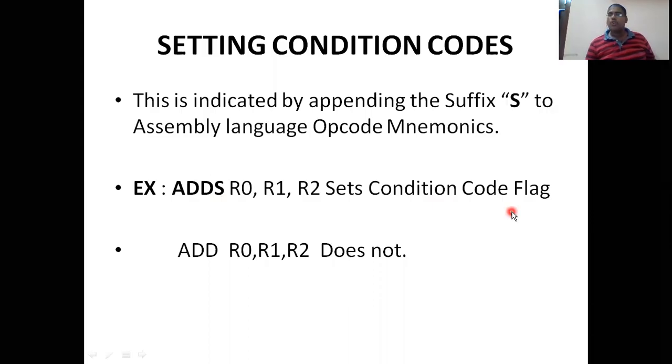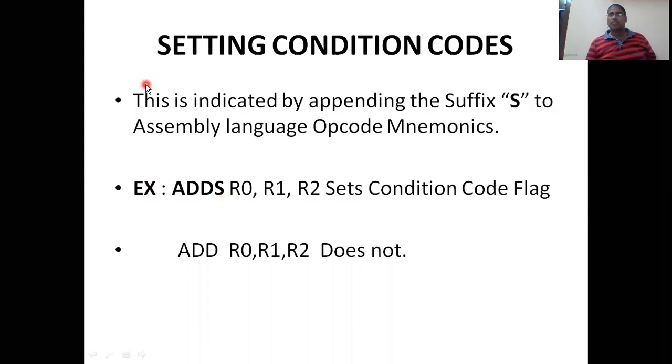If not, it will not set them. That is the concept. If you use a general SUB, it doesn't change the conditional code flags, but if you use the suffix S, as in SUBS, then only it will change the conditional code flags.